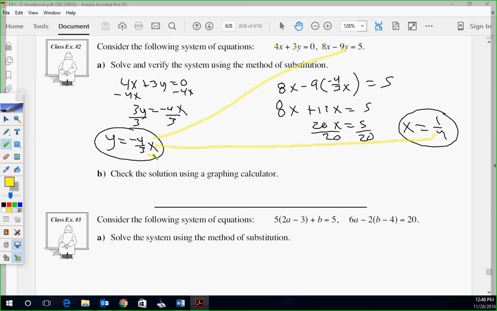Put it right there. So here we go. Y equals negative 4/3 times 1/4. Denise, how do we multiply fractions? Straight across, right? Negative 4 over 12, which is negative 1/3.